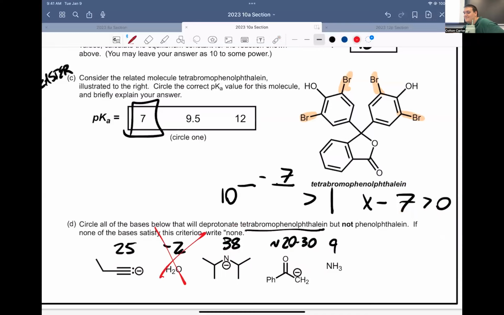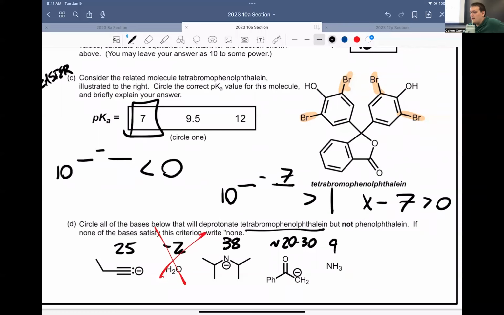That's half of it. The second part of the question is, we do not want to deprotonate the original molecule. So if we do another one of these, 10 to the product minus reactant, we want it to not protonate, so we want it to be less than 0.